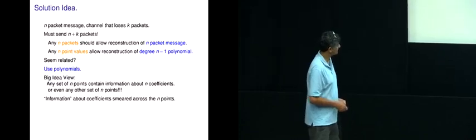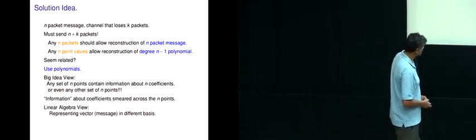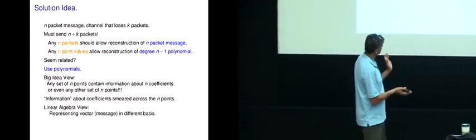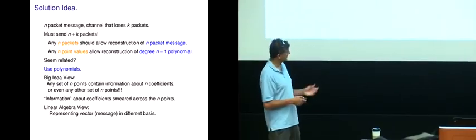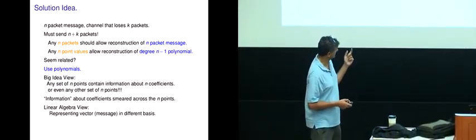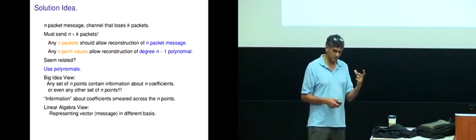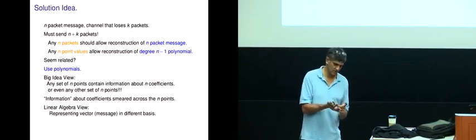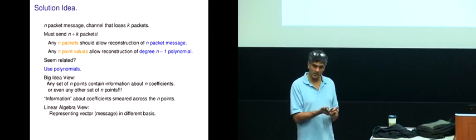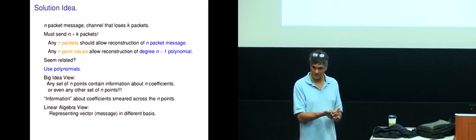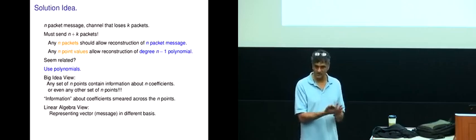Okay, so the linear algebra view is that it's representing the vector in a different basis. The basis elements here are the dot products of your coefficient vector with 1, x1, x2 squared, x3 squared. It's just a dot product. So you're simply representing it in a different basis.